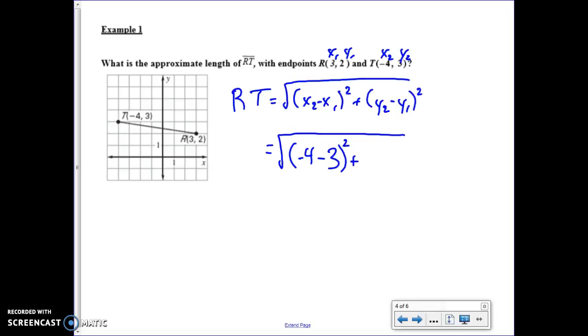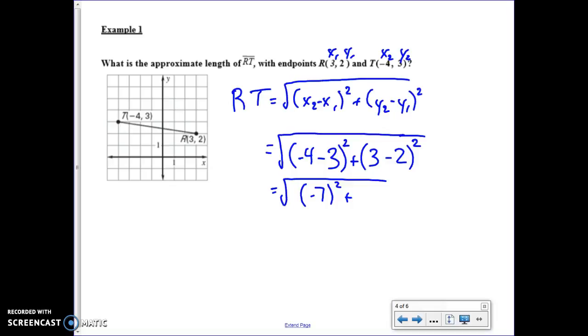Then there's a plus sign between these two, and then I take my y value. So my y2 value is 3 minus my y1 value of 2. And we square that. Okay, so now I'm going to take care of everything inside the parentheses first. So big square root still has to come down with us. So negative 4 minus 3 gives you a negative 7.